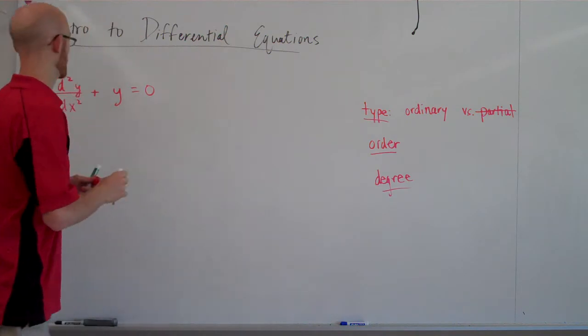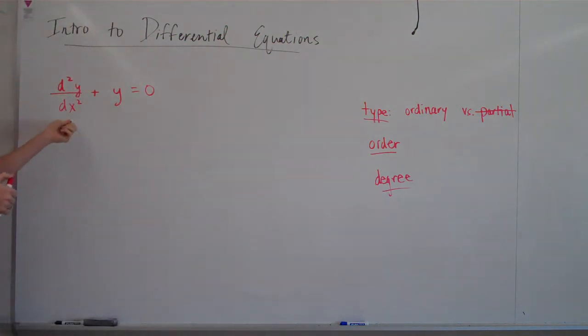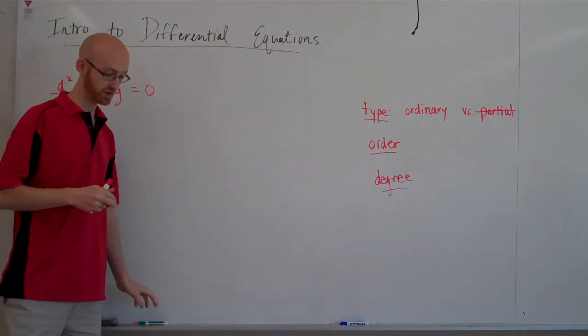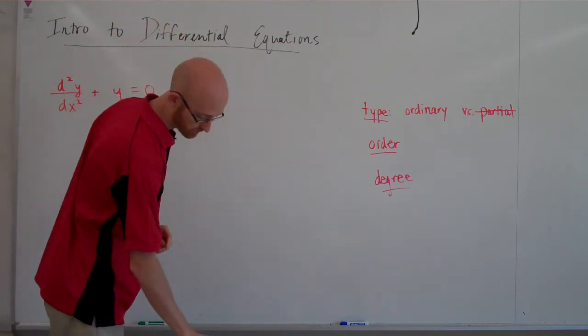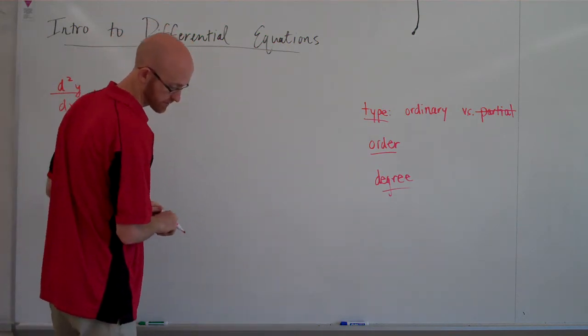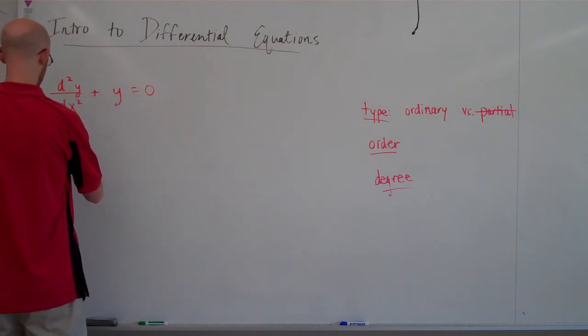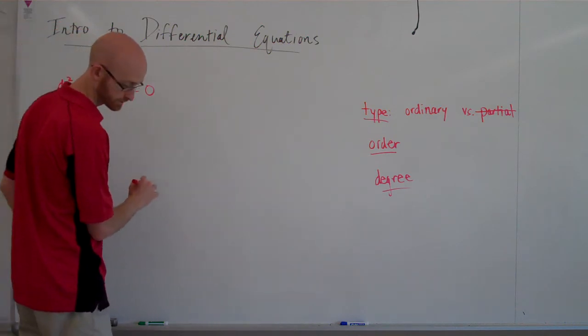Okay, and you might look at that and say, I have no idea how to solve that. So let me put up a solution to this, and then we'll briefly discuss why it's a solution.